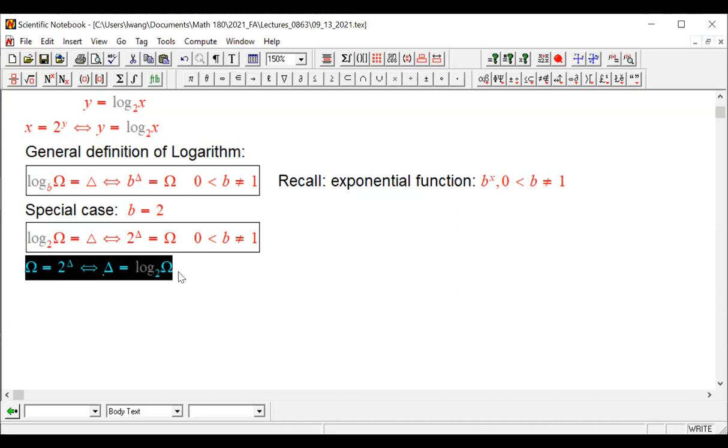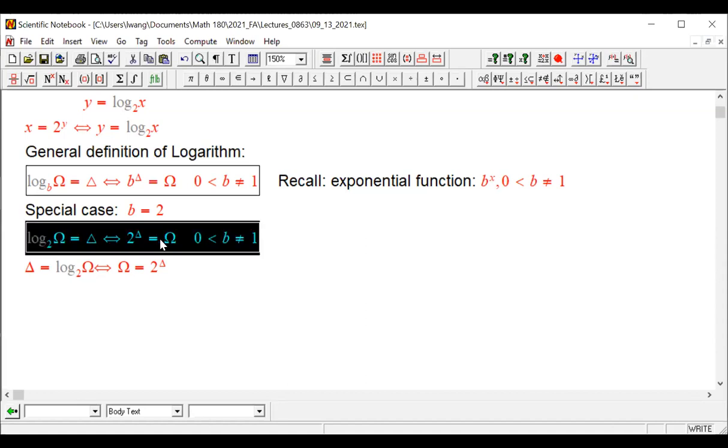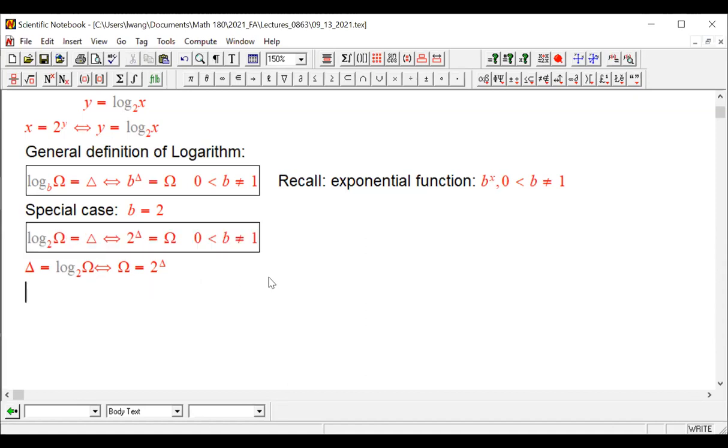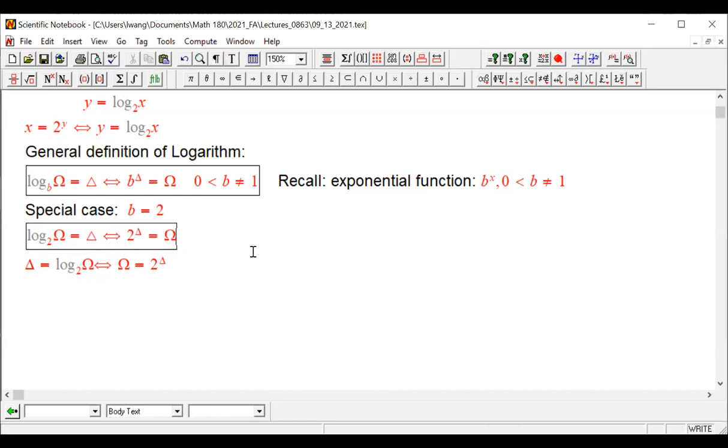I'll bring it here so that they're in the same order. Do you see they're exactly the same? Because b is already 2, and these are just changes of order, it should make no difference. Is everybody with me?